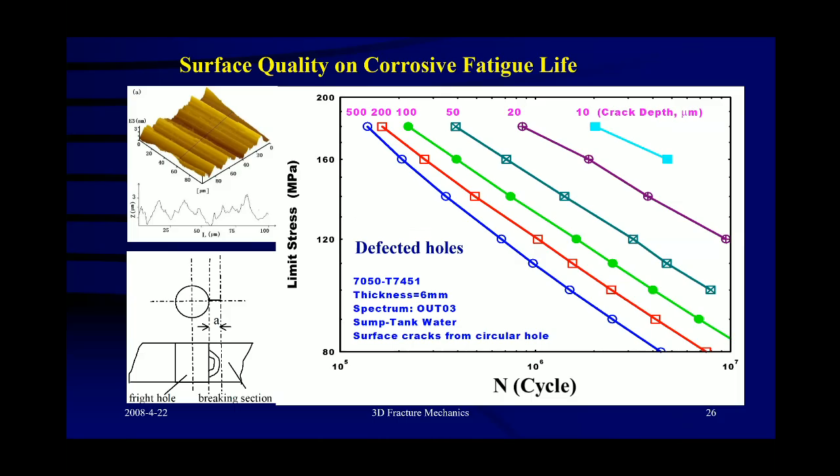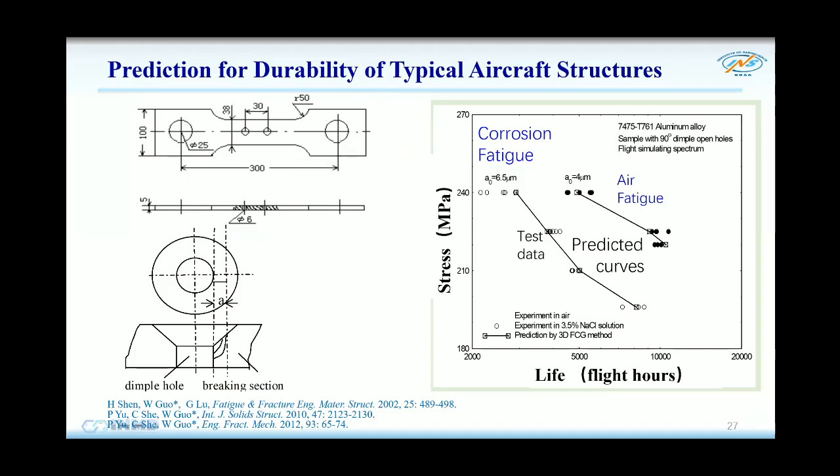You see if the initial crack or defect goes from 10 micro to 15 micro to 500 micro, the S-N curve is moving so remarkably. So we must consider the quality of the surface.